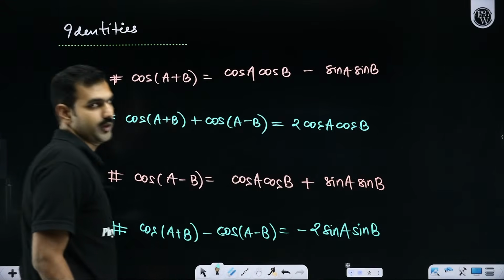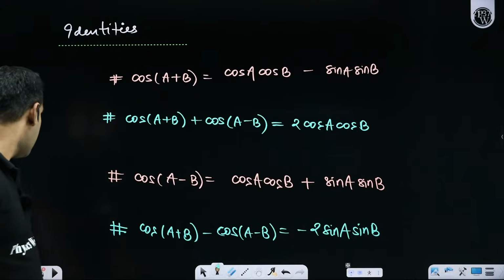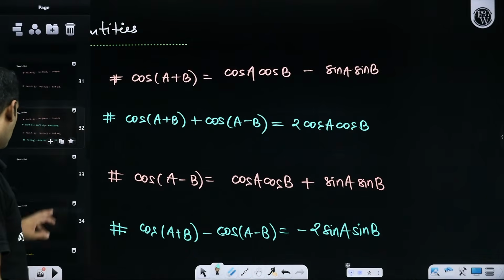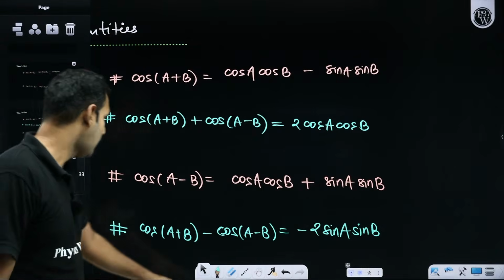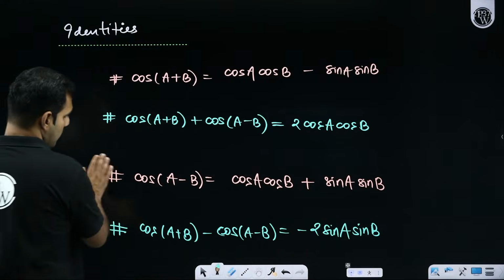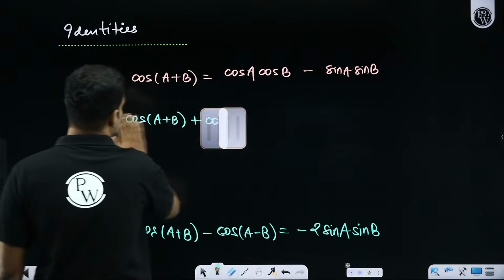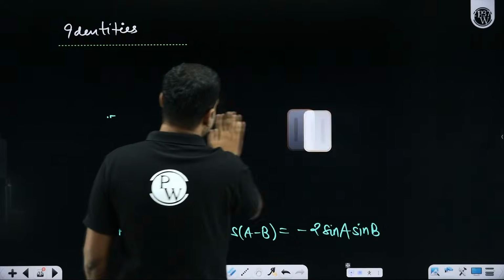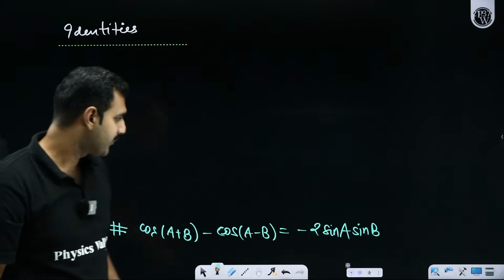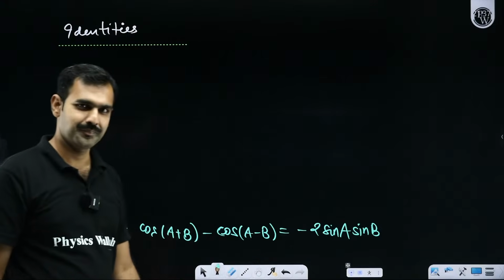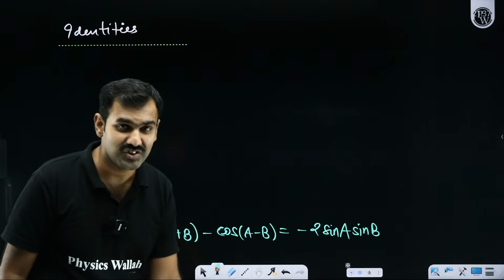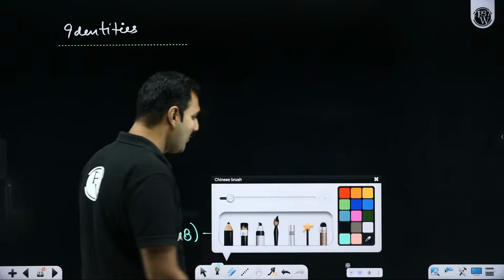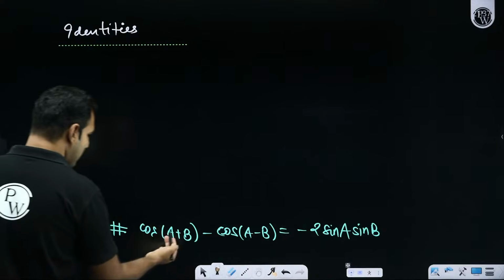Sir, what are you really talking about? Can you be more specific? I am saying that this version has a lot of variance. Sir, which version are you talking about? This version, the last one which I have just written. Let's say you have OCD. You don't like this minus over here. So this minus needs to be adjusted somewhere. One way to adjust it is to take that minus sign here.